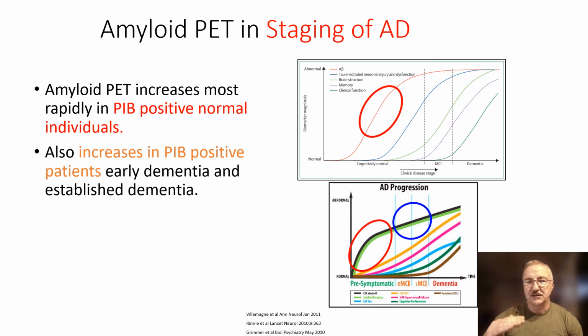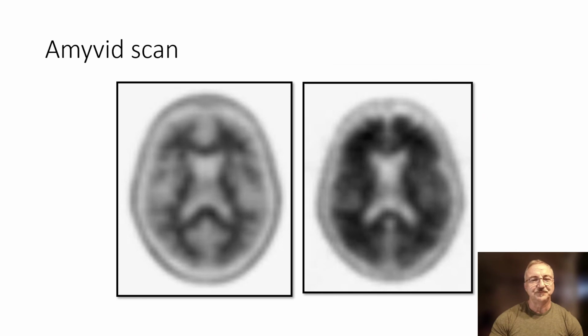So maybe this model is slightly more accurate than the Jack model, but that's quite difficult. This is really just to show you this blooming of tracer activity that we see. The one on the left is the normal, where we see this maintenance of grey-white matter differentiation, and then we see this blooming, this tree in full leaf kind of appearance.